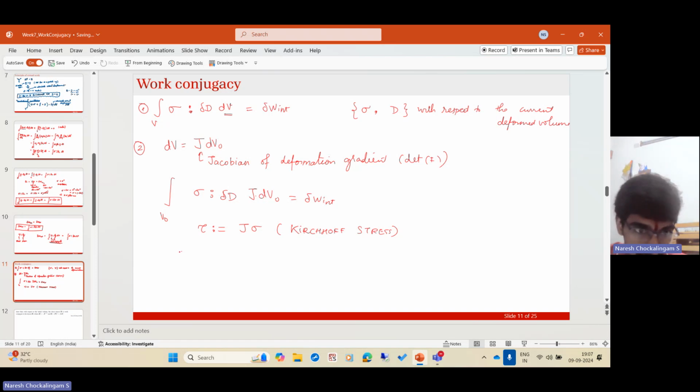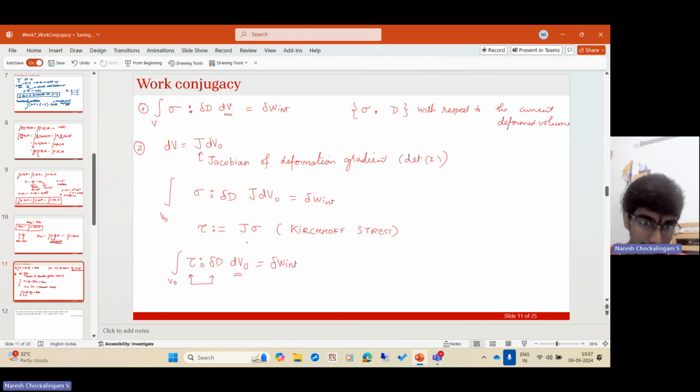And the Kirchhoff stress is work conjugate to the rate of deformation tensor with respect to the initial undeformed volume. So this is important.